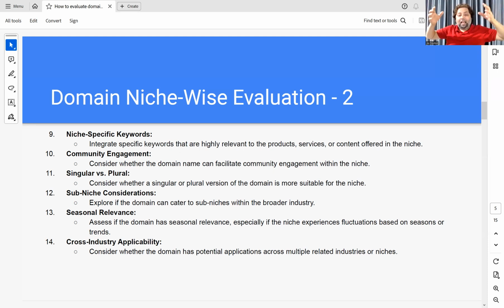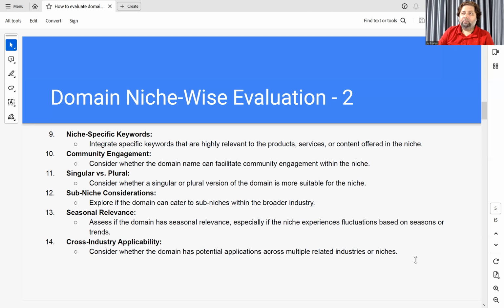Smartdecor.com has the capability to have multiple sub niches. So in that case, that is a more valuable domain name because it has the capability to create sub niches within that domain.